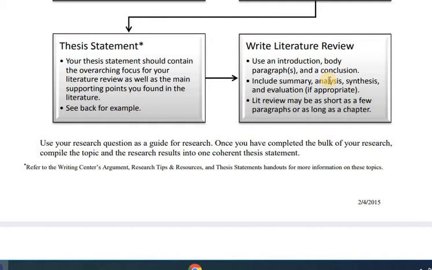You have to include the summary, analysis, synthesis, and evaluation. It can be a few paragraphs or as long as 1 chapter. You can put the literature review as a whole chapter.